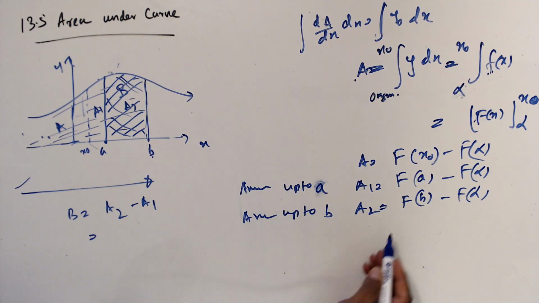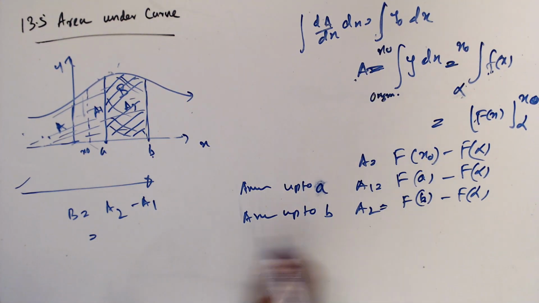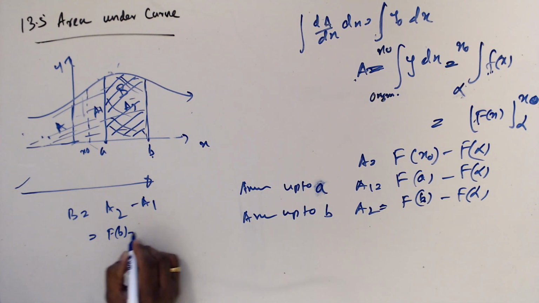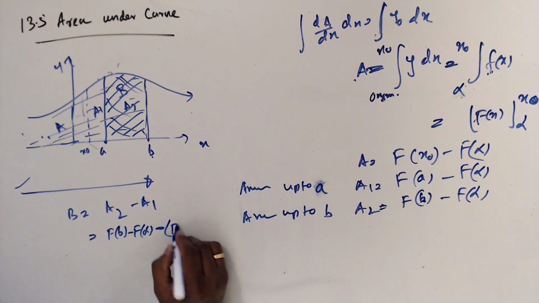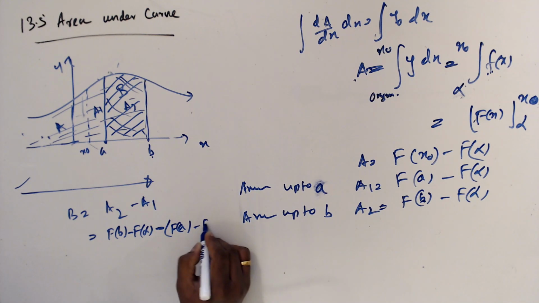What is A2? F(B) minus F(alpha). And A1 is what? F(A) minus F(alpha).